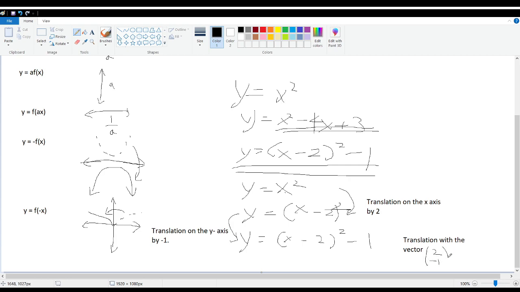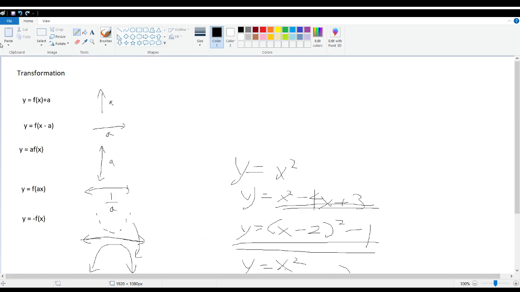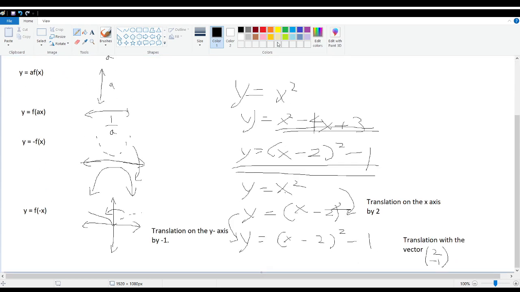You can also write it like that. But if you want to be more detailed, you can say translation on the x-axis by 2, translation on the y-axis by -1. So this is it on transformation. You just have to remember all these transformations, and you know how to describe them.